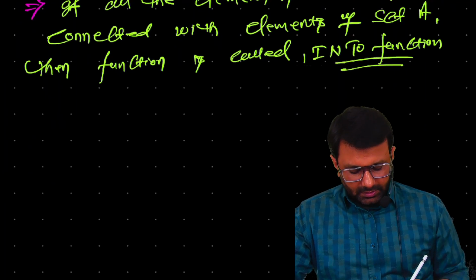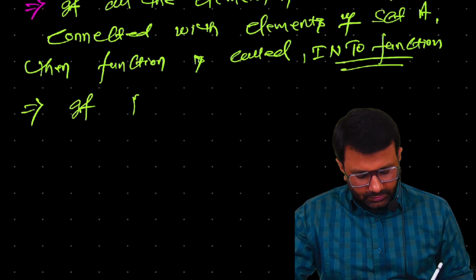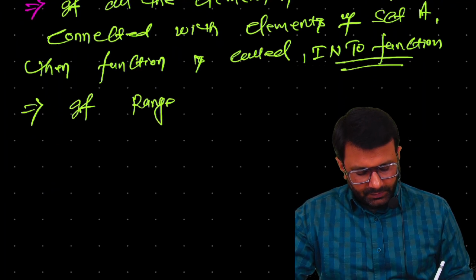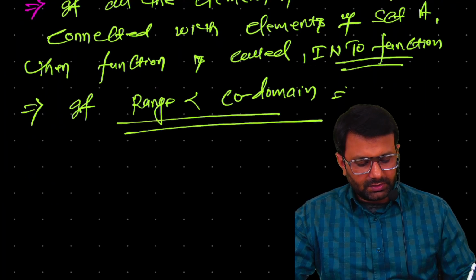In short, you can write it like this: if the range is less than the codomain, then the function is called an into function.